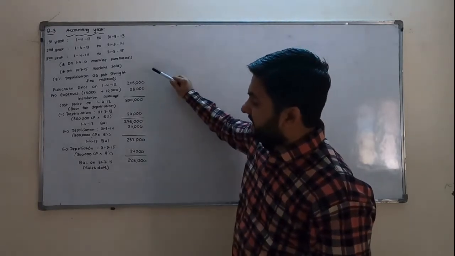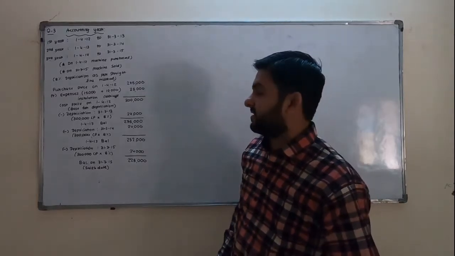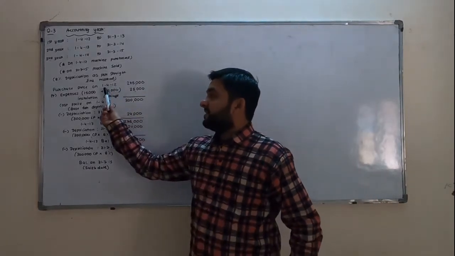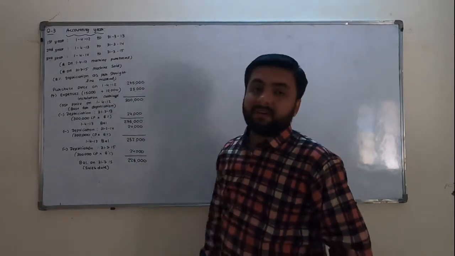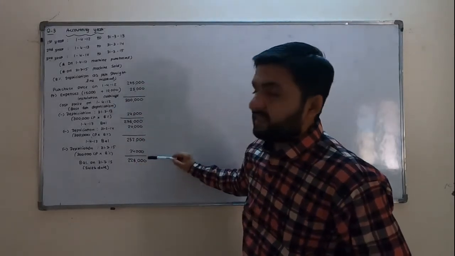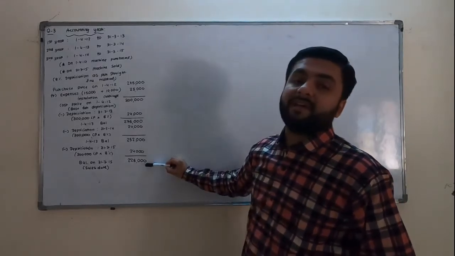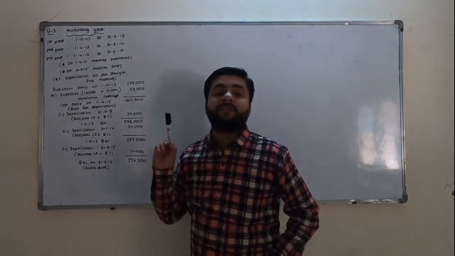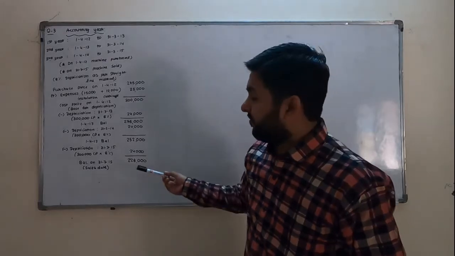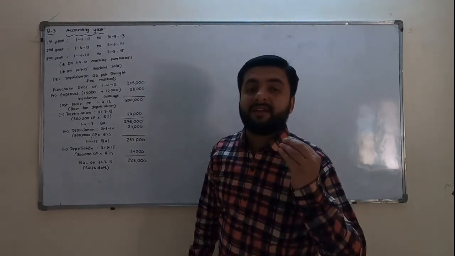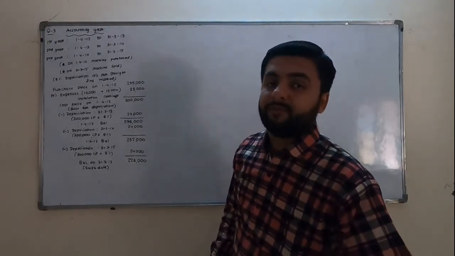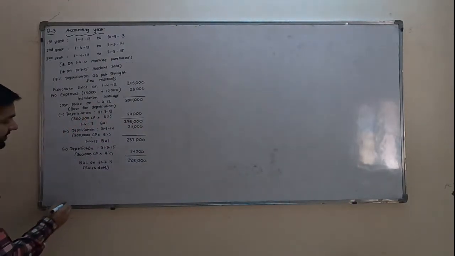For instance, you should understand why this calculation is done. We are purchasing the machine on 1/4/12 and we are selling it on 31/3/15. So this much working is necessary because we need the value on 31/3/15. How much is the value after depreciation of machinery? 2,28,000. Now this 2,28,000 we are selling at a loss of 20%. So loss will be subtracted.